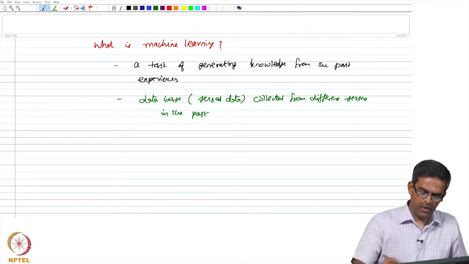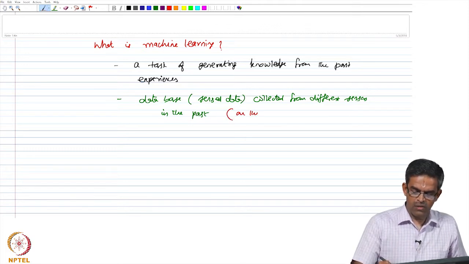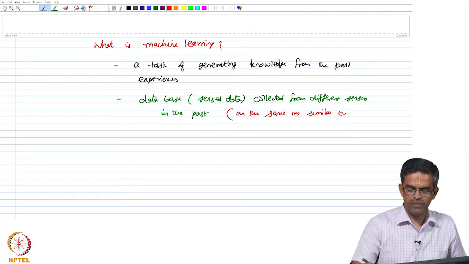More interestingly, on the same or similar type of structure, that is very important.